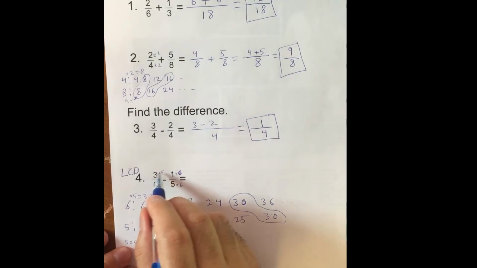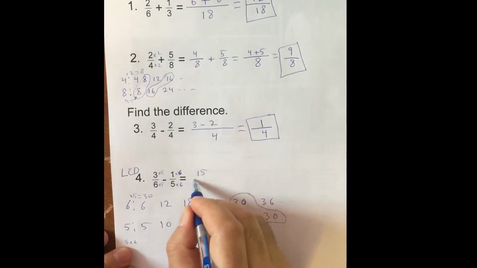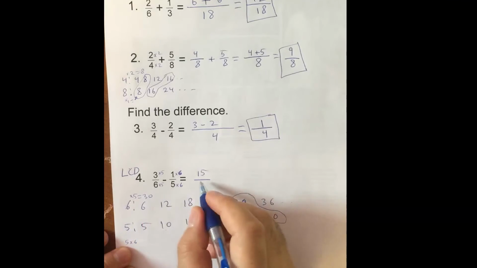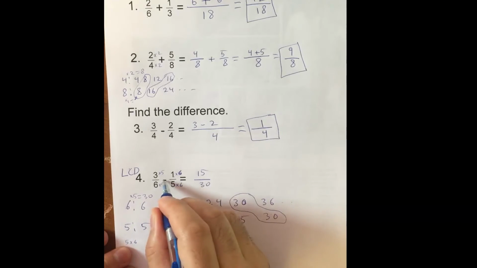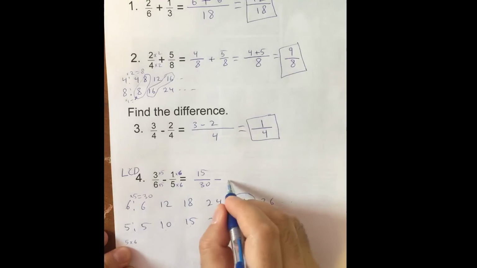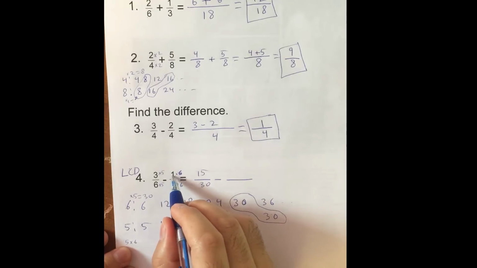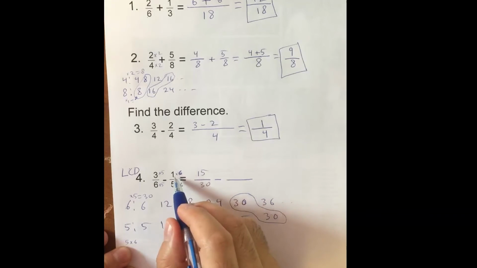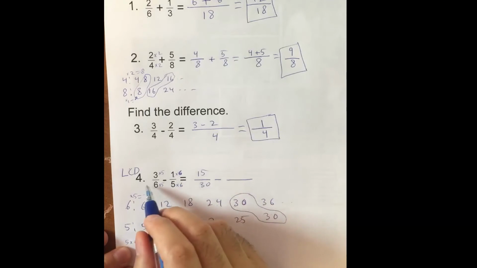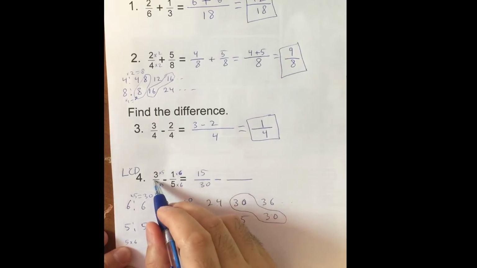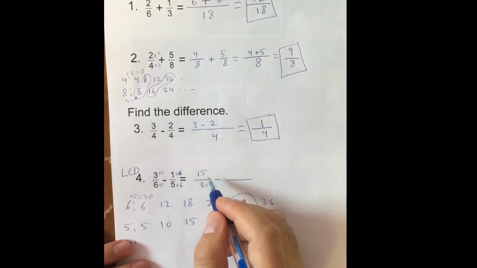Now you say 3 times 5 is 15, 5 times 6 is 30, the sign is minus, okay, and then you do the same thing. Now we change this fraction. Remember, this is an equivalent of this fraction. They are the same thing. They will give you the same answer, except the numbers look different, okay?